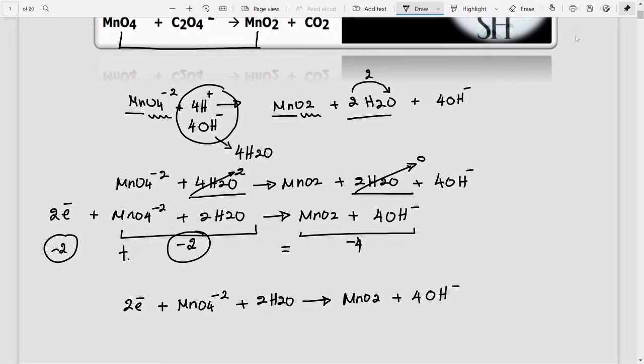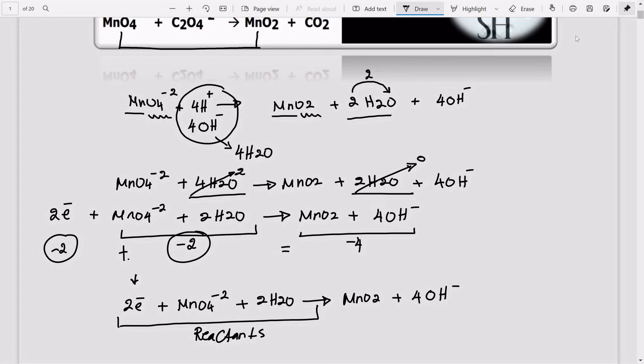I can see my electrons are available now in my reactant side. So this is the side of my reactants. And that means electrons are used in this reaction. Any use or gain of electrons means my reaction here is doing reduction.